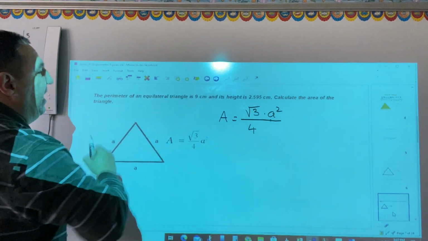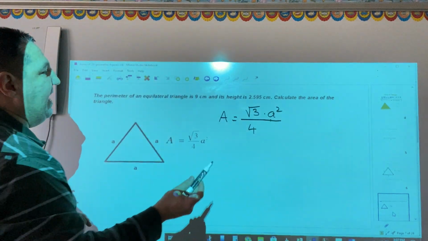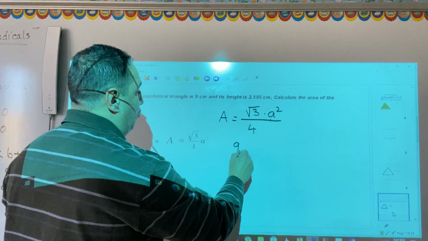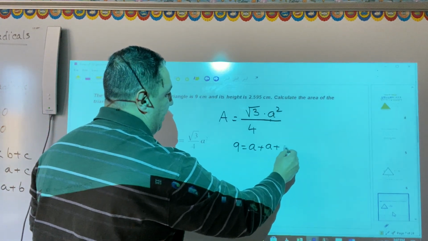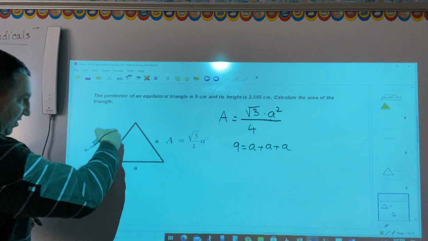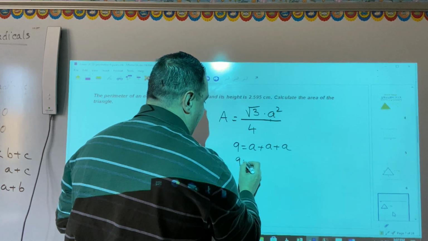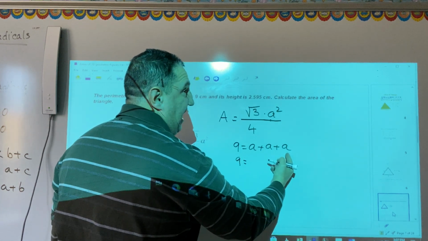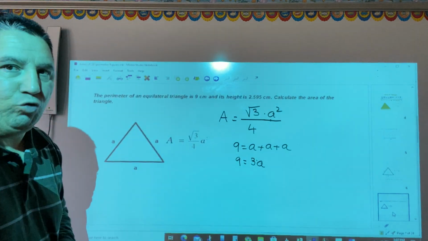Because an equilateral triangle has all of its sides congruent, we can say 9, which is the perimeter, would be a plus a plus a, the distance around it. Now, we can say 9 equals, how many a's are there? 3 a's, right? And we solve for a.